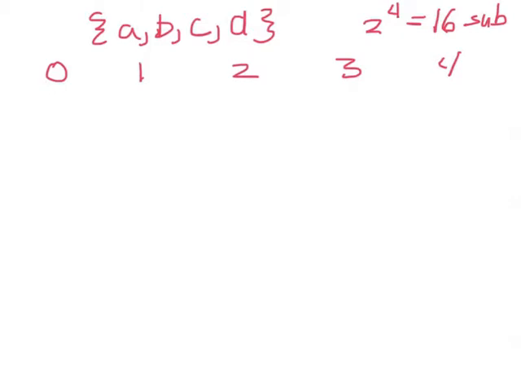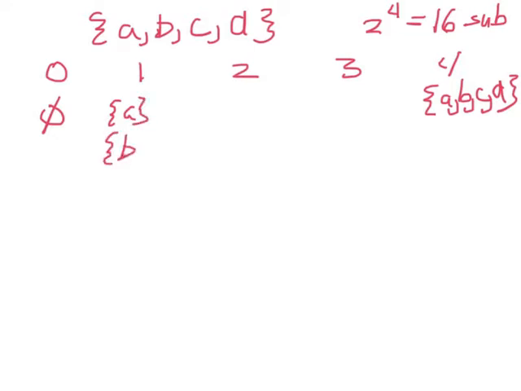And I'll do the easy ones first. This subset is the empty set, and the subset of 4 elements is all 4 elements in the set. So now how do I do these other ones? Well, what I would like to do is list them, each set, 1 element at a time.